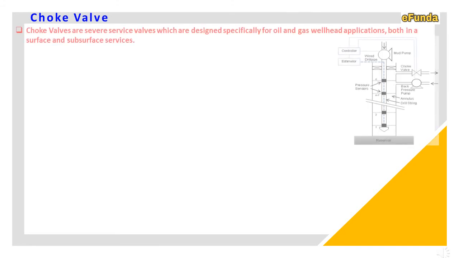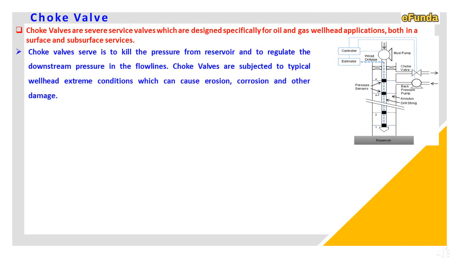Choke valves are severe service valves which are designed specifically for oil and gas wellhead application, both in subsurface and subsurface services. The choke valve serves to kill the pressure from the reservoir, that is to reduce the pressure, and to regulate downstream pressure in the flow lines.